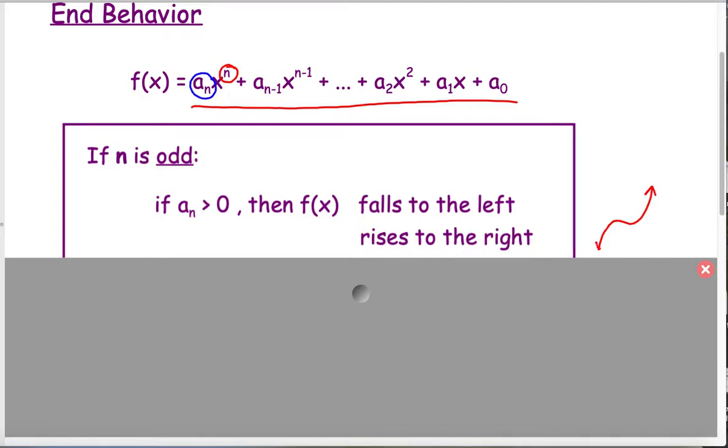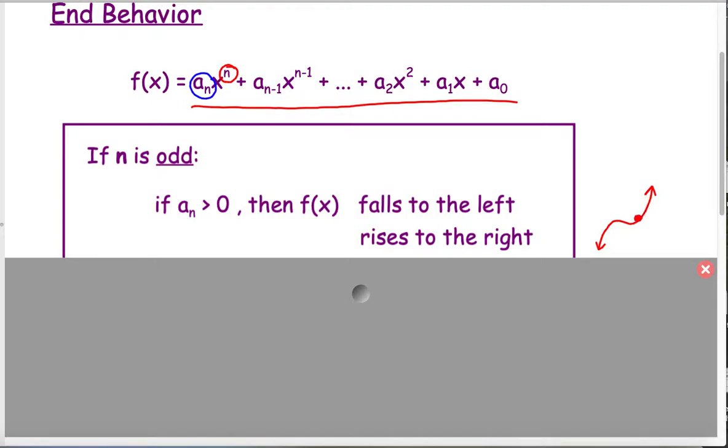An x cubed graph looks like that. And if the coefficient in front of x cubed is positive, the graph will fall as we move to the left, and as we move to the right, the graph is rising. So we're talking about the end behavior.